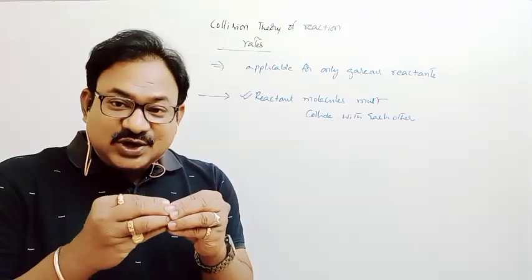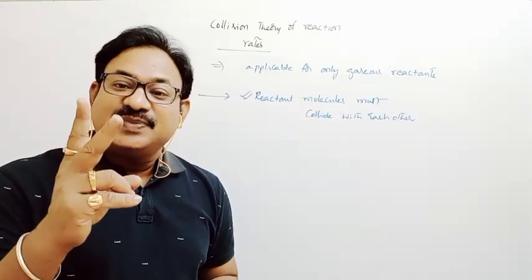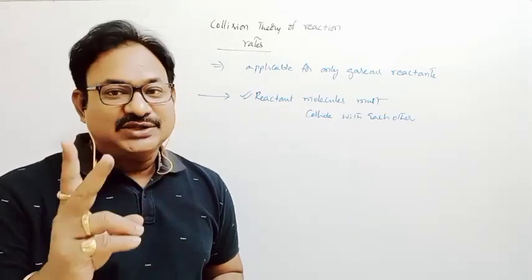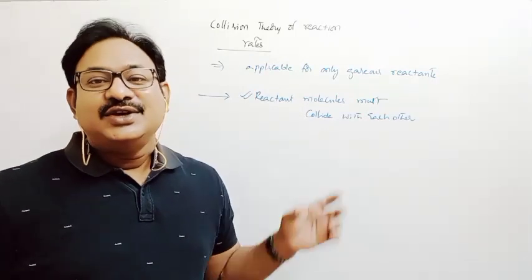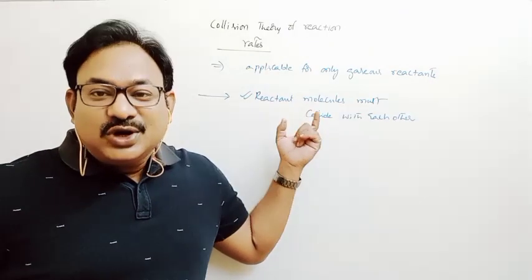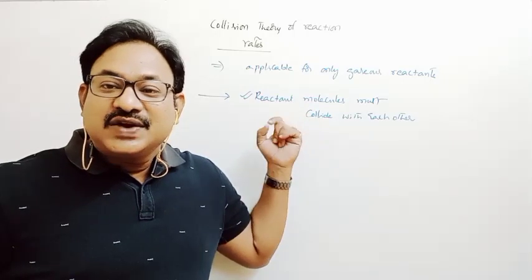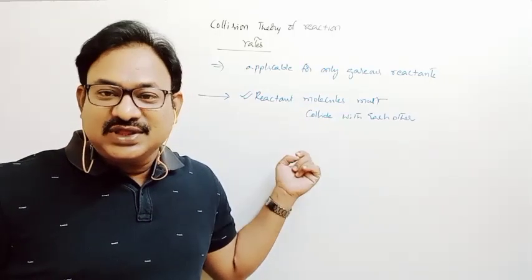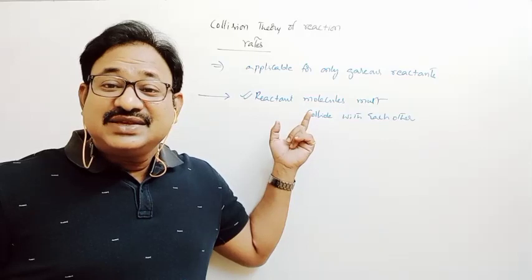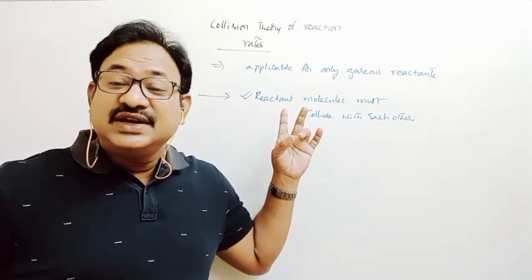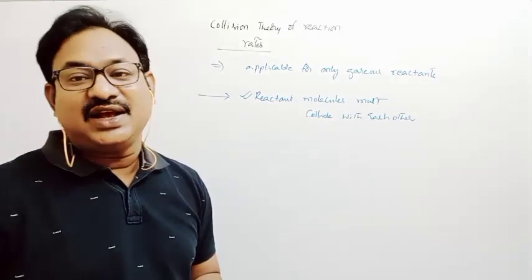So during these collisions you should consider two aspects. One is energy, the other one is orientation factor. So collisions आप जब ले रहे हैं product formation के लिए, collisions की जरूरत है। इसके साथ साथ orientation factor and as well as energy factor are required.